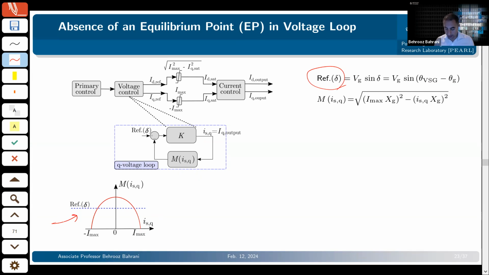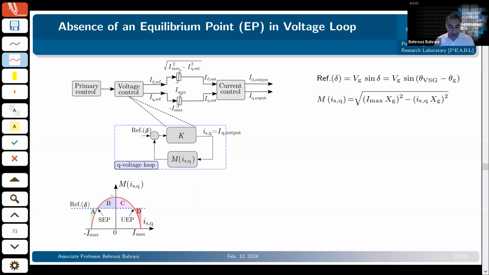Now, if that's the case, and if we apply something similar to the EAC criteria here, as far as we are operating here and we go through the fault and come back here, everything is fine and we can remain stable.